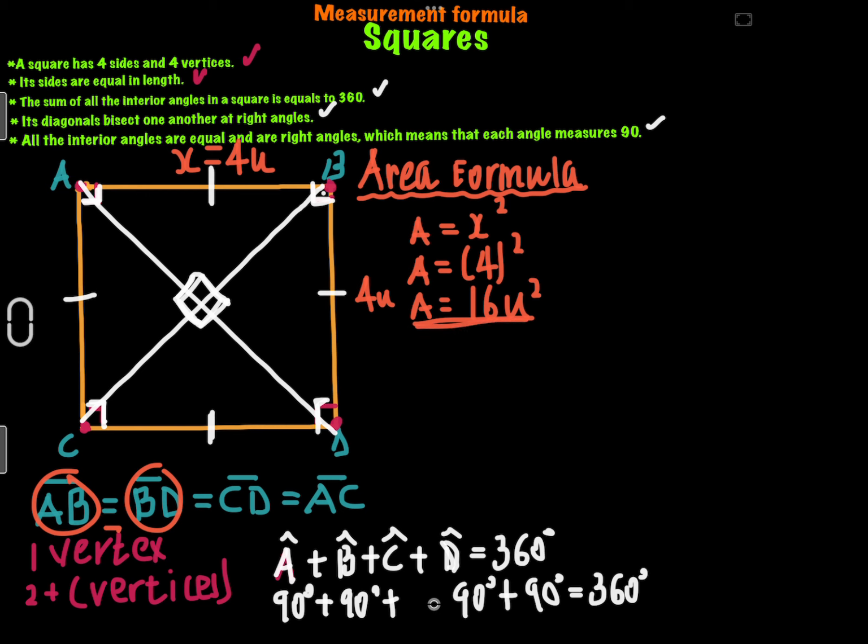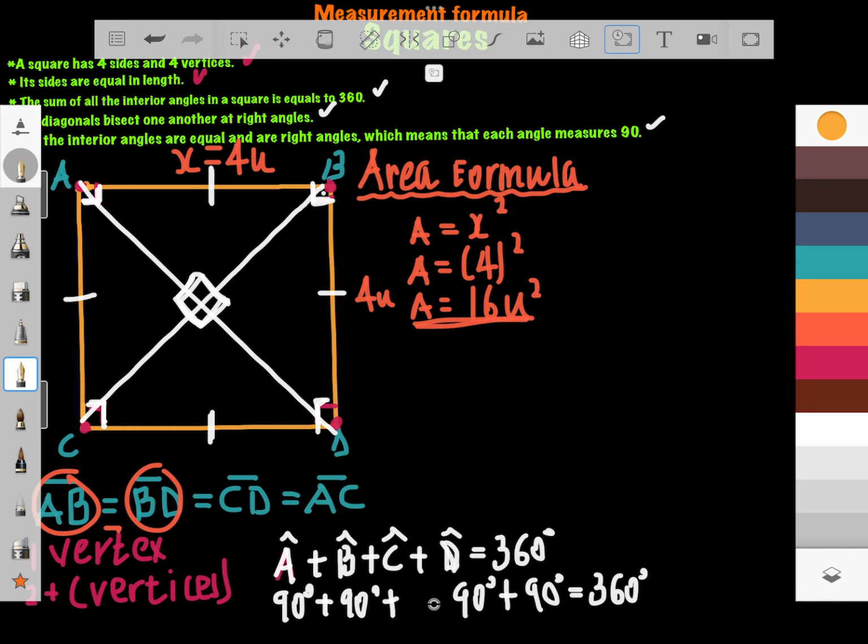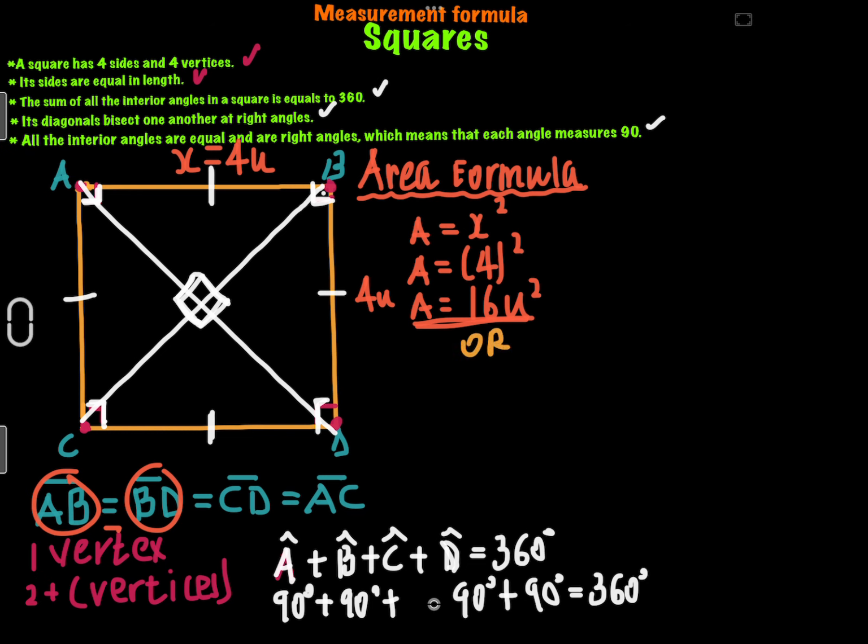Or what we can do, we can use a different approach. We can just simply say area is equal to length times breadth. Area, A to denote area. So notice one side there, AB, is just simply 4. This is actually our length. This can also be our length. And this can be seen as our breadth.